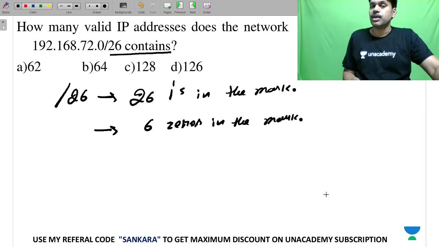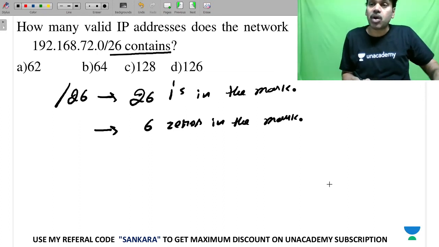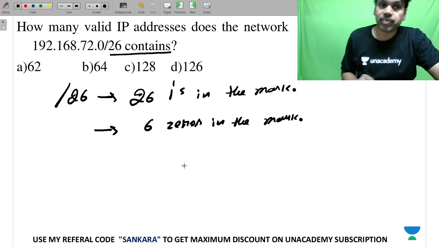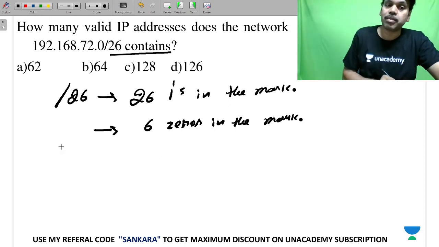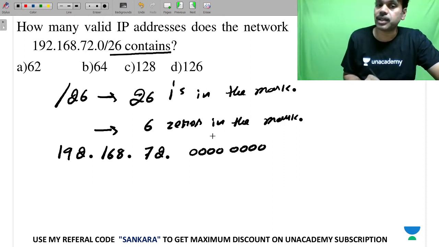Let us identify the starting block number and ending block number of the CIDR. How to identify them? Write your IP. So 8 zeros are there. This is a 0 according to the given.